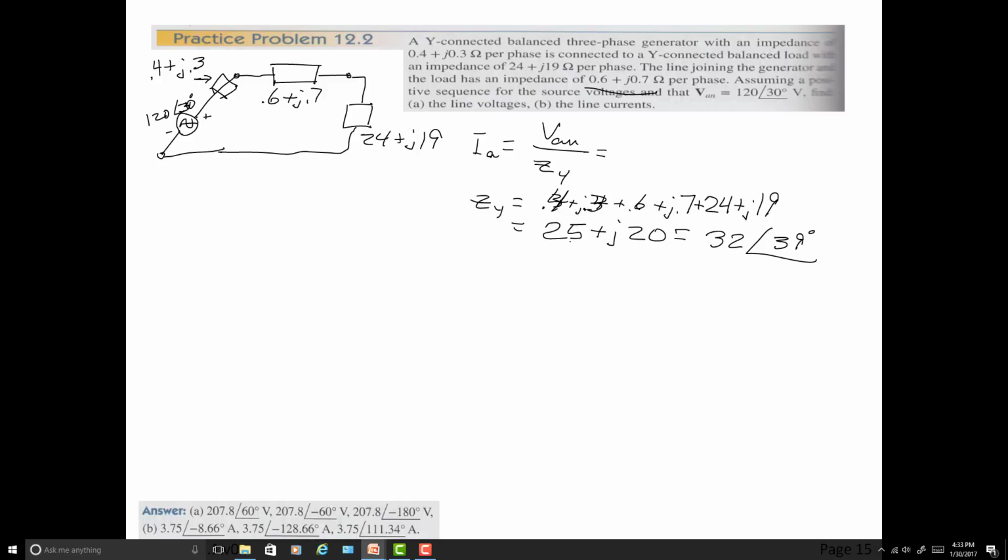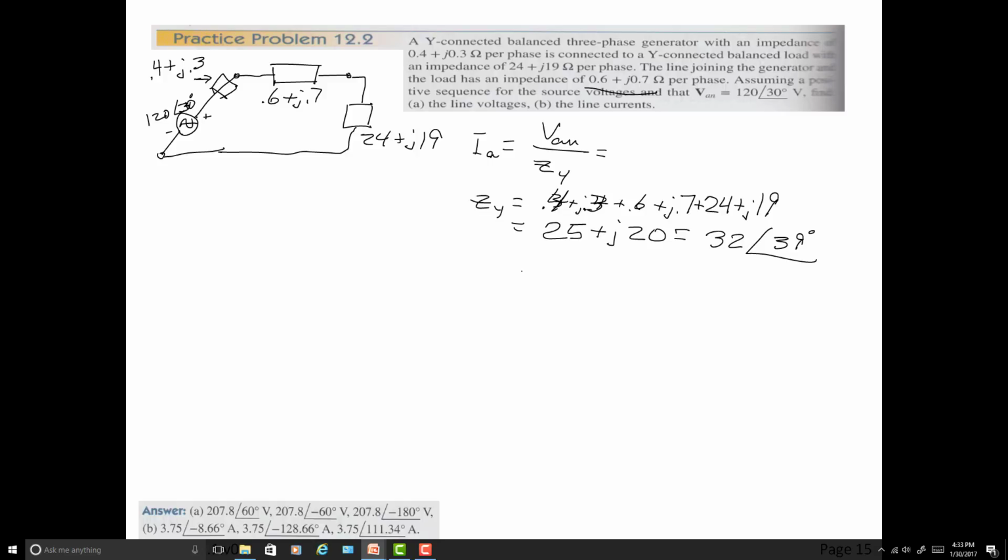I could kind of guess, 25 squared is what, 625? Plus 400 is 1025, so that's about 2 to the 10th, so 2 to the 5th squared. So this is going to be about right. And the angle I can only guess at.